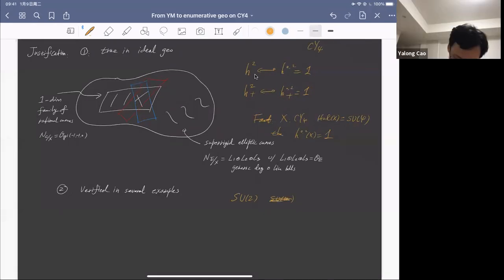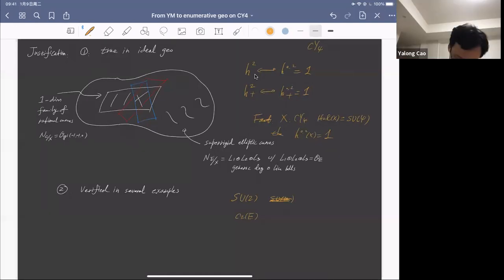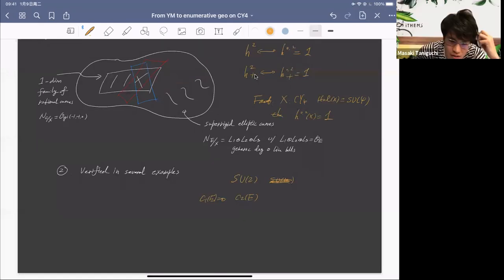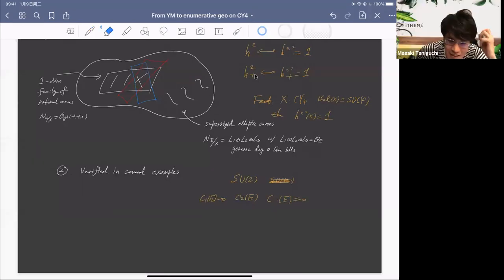In this case, the only choice you make is the c2 of the bundle, which you refer to as the instanton number, right? This is because the first Chern class is already 0, and there are no higher Chern classes because this is a four manifold.